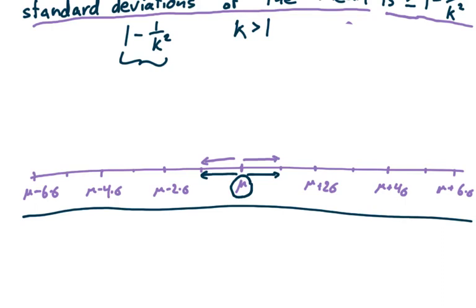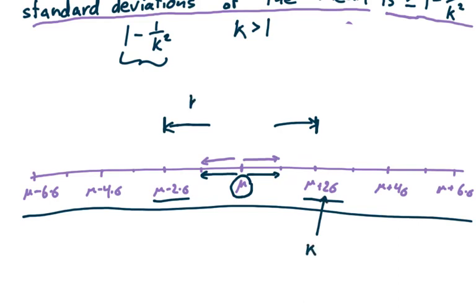So here, I have marked mu plus 2 sigma and mu minus 2 sigma. For this range of values from mu minus 2 sigma all the way to mu plus 2 sigma, the coefficient that we have in front of the sigma is k.